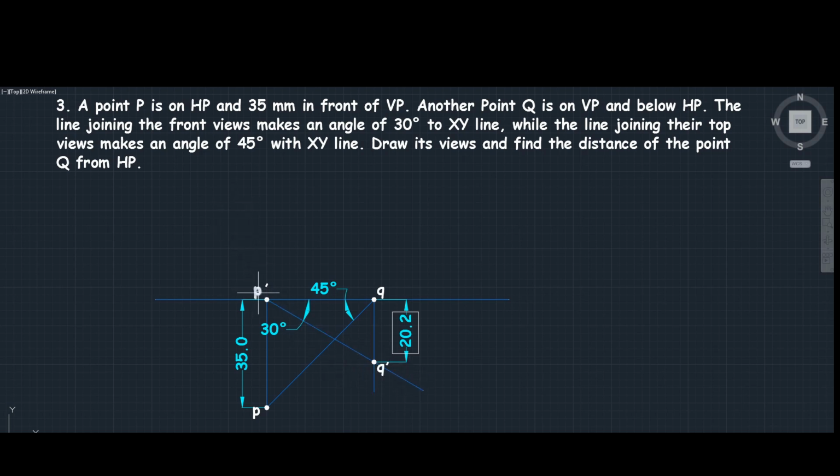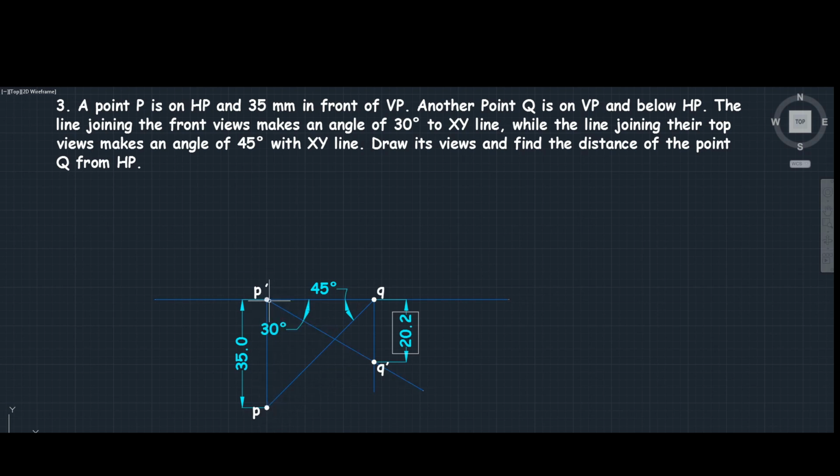P is on HP and 35 mm in front of VP, Q is on VP and below HP. This distance was not given. You start with the XY line, mark P dash P, then the line joining the top views is at 45 degrees, the line joining the front views is at 30 degrees.